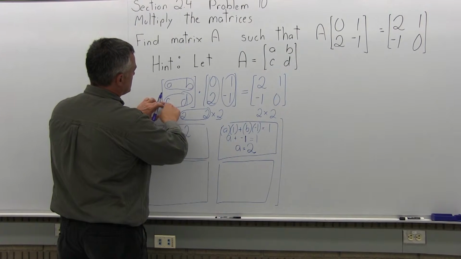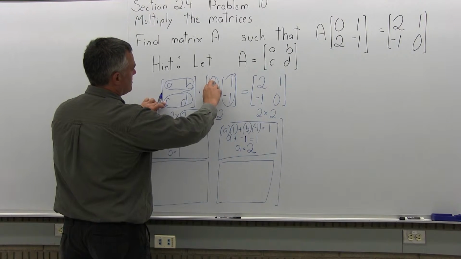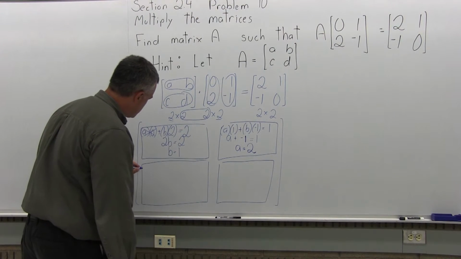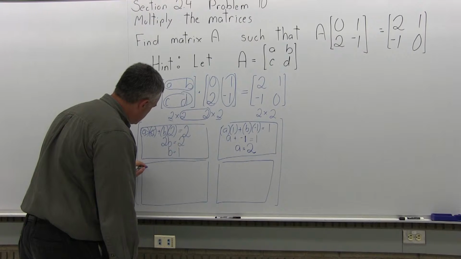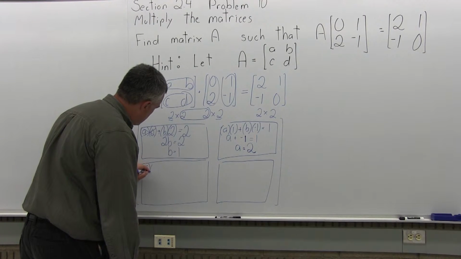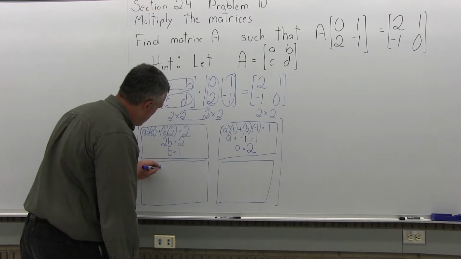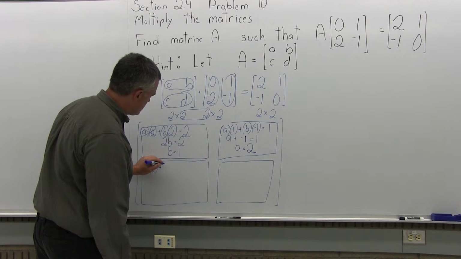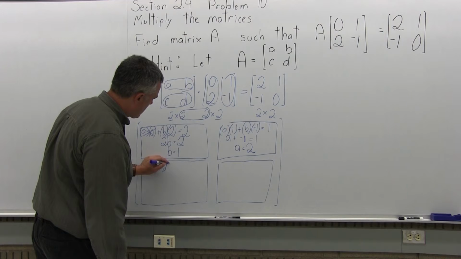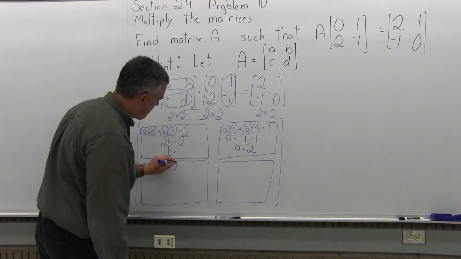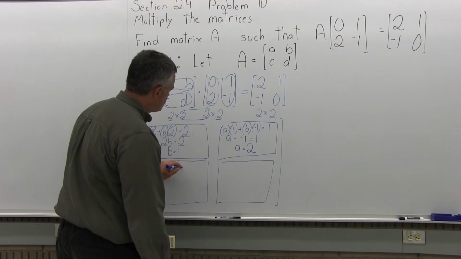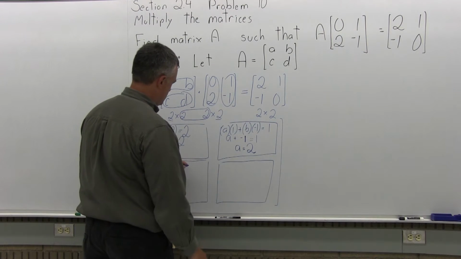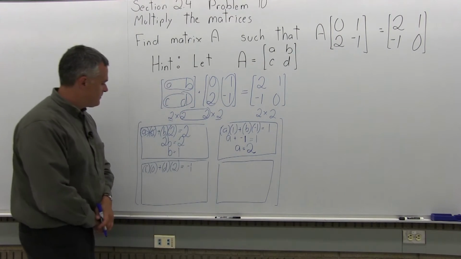So the bottom row CD times the first column of the second matrix, 0, 2. So first times first, I'm going to have C times 0. So C times 0 plus second times second will be D times 2 equals the value in the bottom row and first column of the solution matrix, which is negative 1.